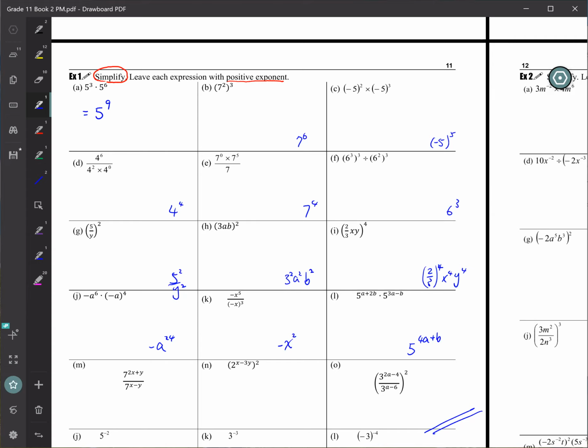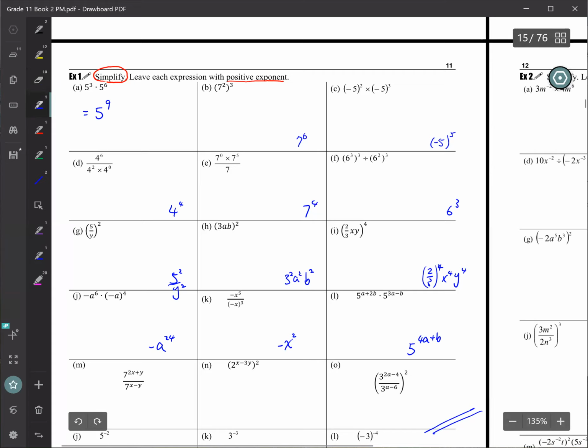Waylon, M. I'm not sure if this is correct. I got 49x. Wait, let me redo this. Okay, I'll come back to you. Selena, question N. I did the work: 4x squared subtract 6y squared.